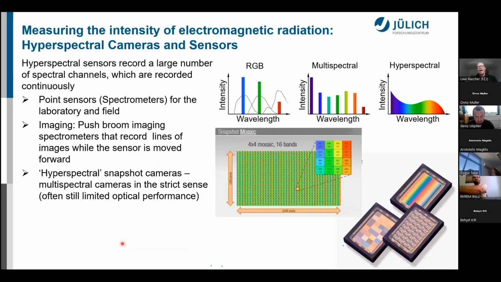Other camera manufacturers have now also tried to put this technology of multiple bands on a single chip, and produce gradients on single chips, which allows slightly faster measurements, and this is then implemented again in snapshot cameras, which is kind of handy for phenotyping.